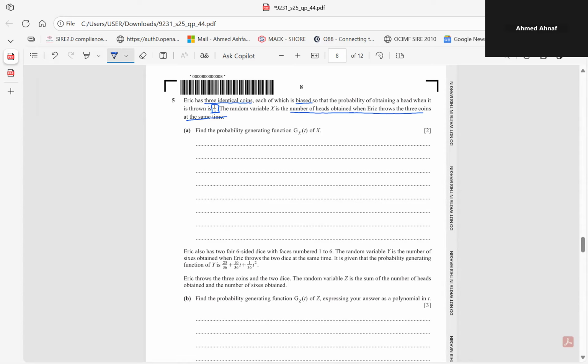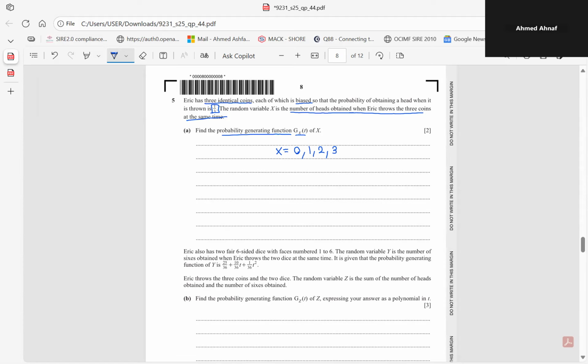For the first part, we need to find the PGF G_X(t) of X. To find the PGF, let's first find the values of X. X can be 0, 1, 2, or 3 heads.